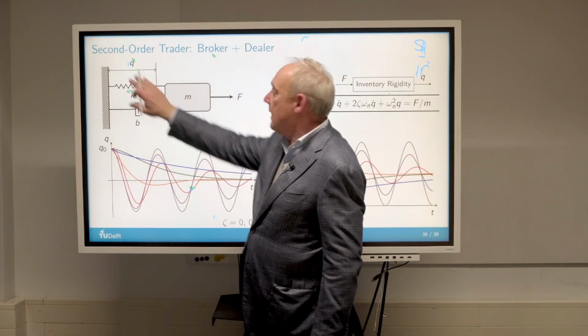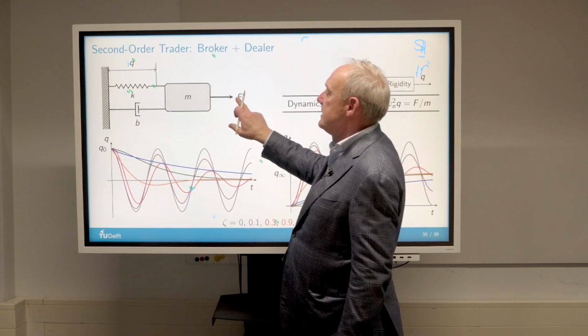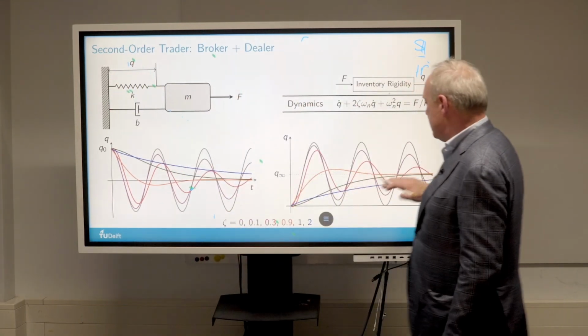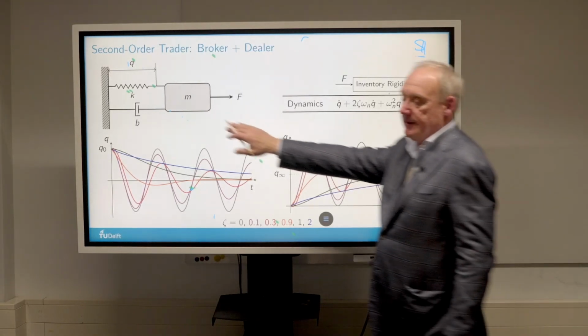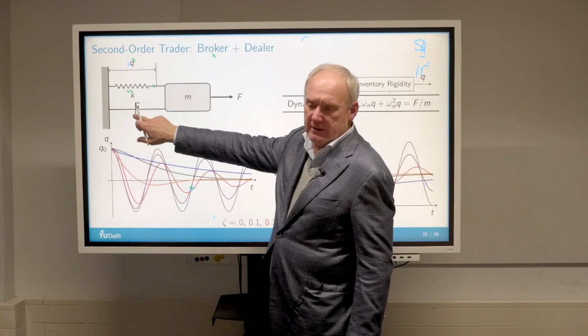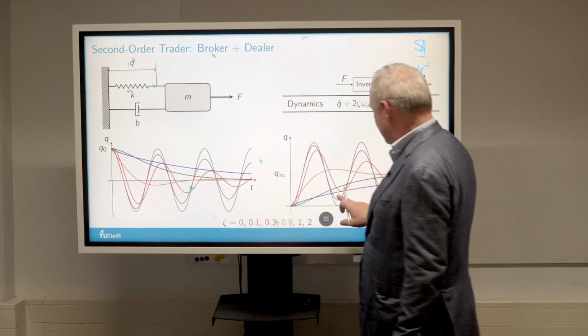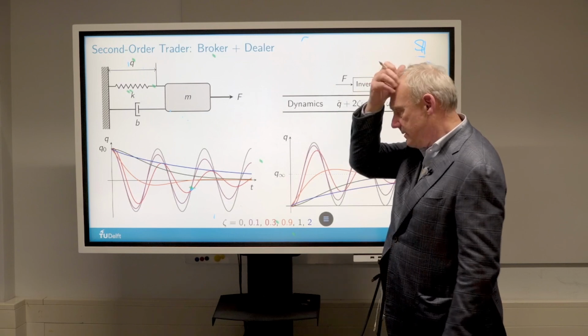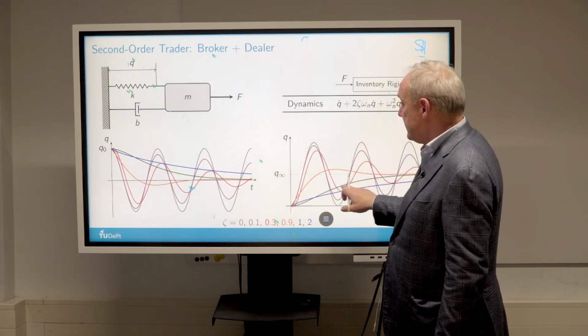So you're looking at if there's some exogenous desire, how is your stock going to respond, and we will see how you can manage that inventory, okay? By changing the damping, right? So there's a question of this friction. So there's a propensity to discount.